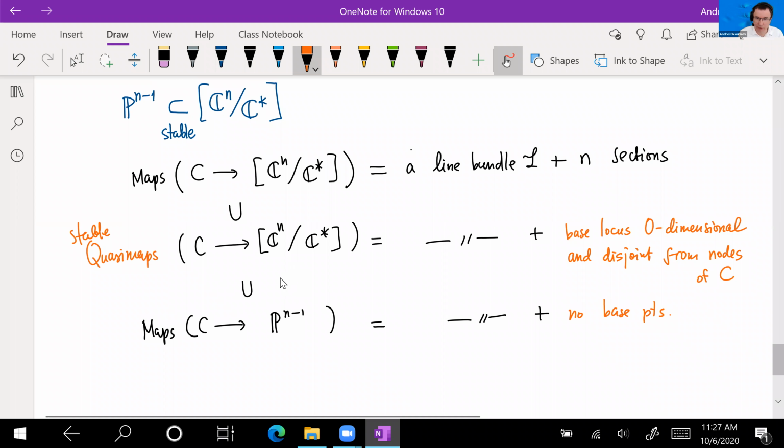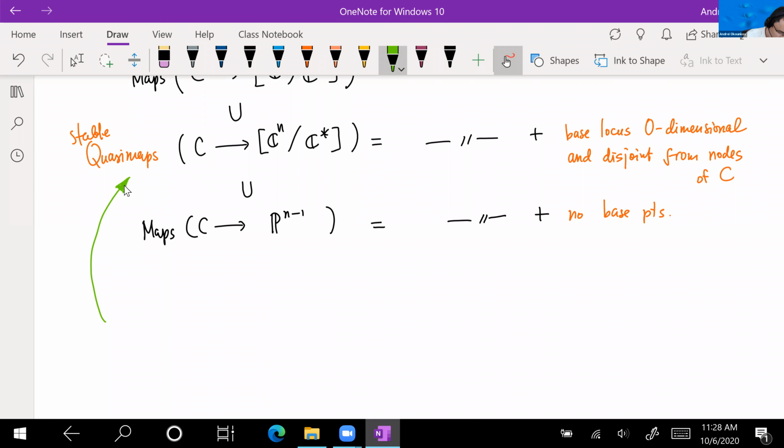So this is a very simple space if you think about it, much simpler than this thing.